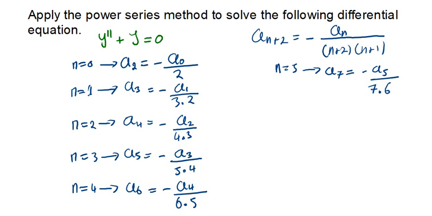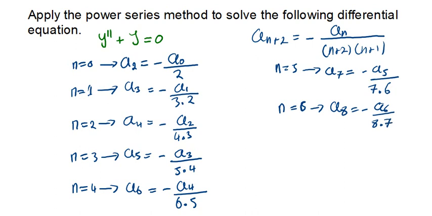Okay, maybe let me also add one. Let's say n is equals to 6. This is going to be a sub 8 is equals to minus a sub 6 divided by 8 multiplied by 7. It's quite obvious, that's how it is.